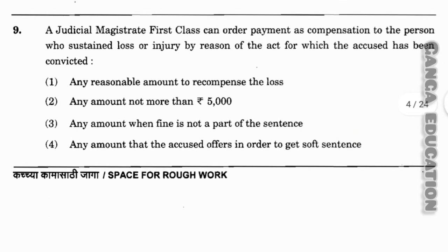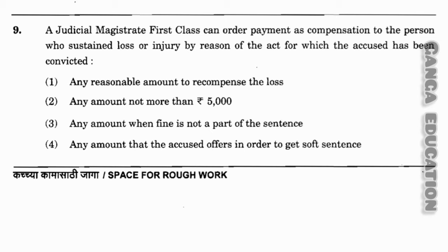Now question number 9. A judicial magistrate of first class can order payment as compensation to the person who sustained loss or injury by reason of the act for which the accused has been convicted. Option number 1, any reasonable amount to recompense the loss.